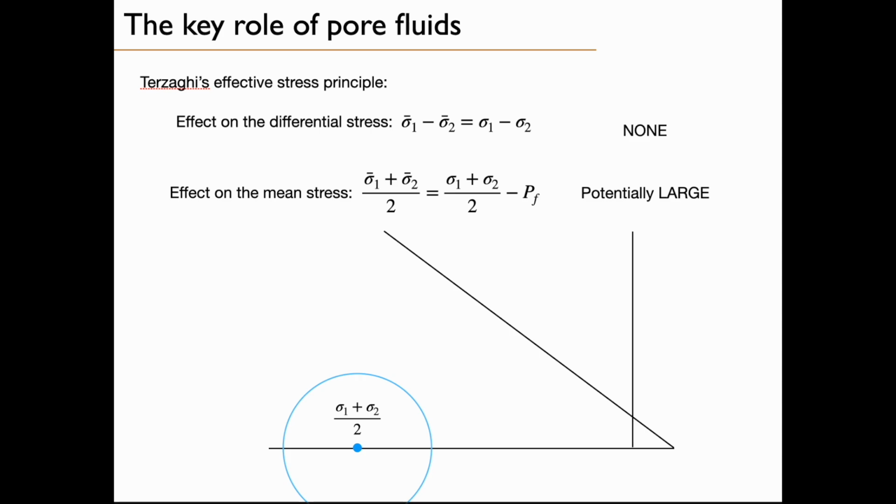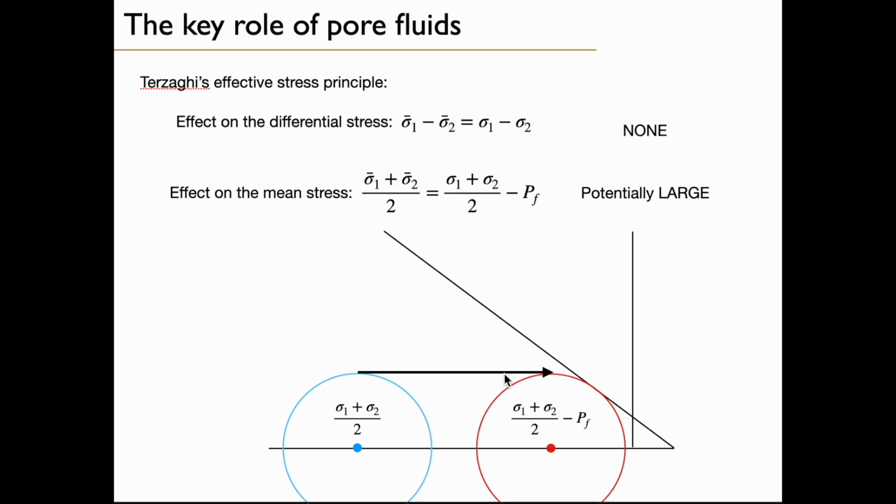So let's have a look now at the Mohr diagram, and here it would be Byerlee's law, for example. We have initially a circle with a given diameter and a given mean stress. If we increase the fluid pressure from 0 to a given value, the mean stress value will change, but not the differential stress.